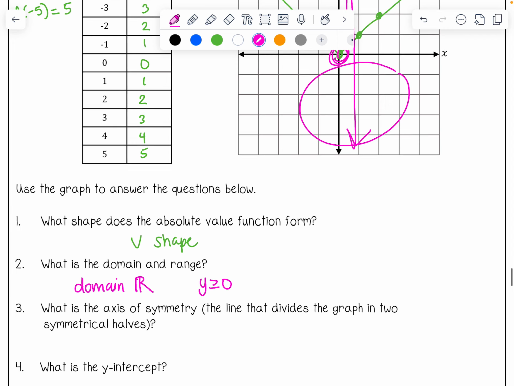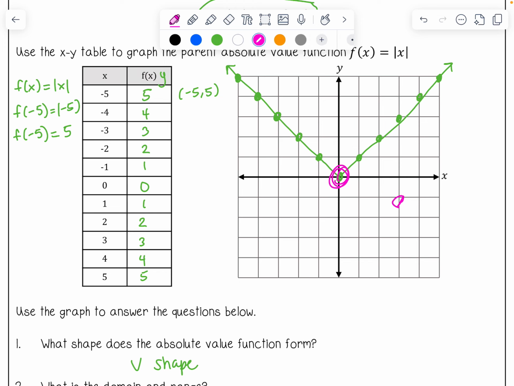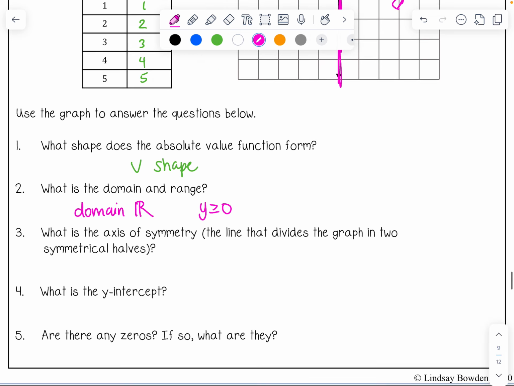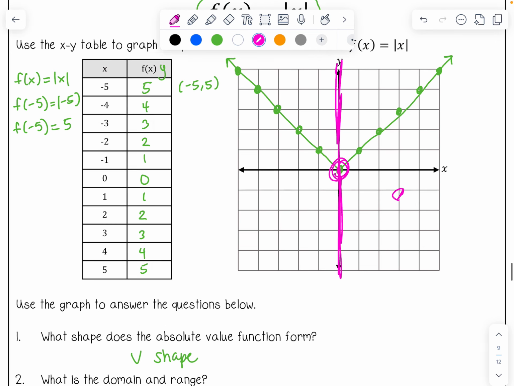What is the axis of symmetry? So what divides this graph in half? That would be here, which is the y-axis, which is also x equals 0. What is the y-intercept? So where does it touch the y-axis at?